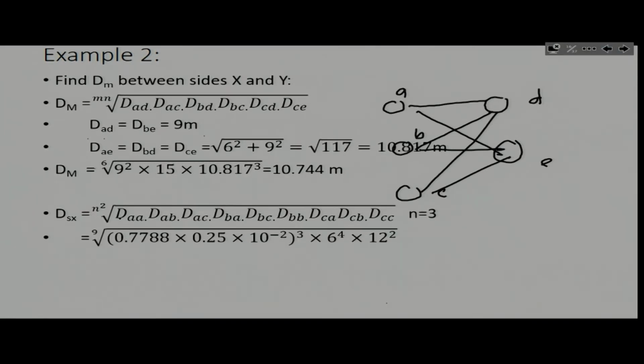And again, DAA is the self GMR of the conductor, which is 0.778 e to the power minus 1/4 times the radius, times the distance, which is 6, 6 and then 12.